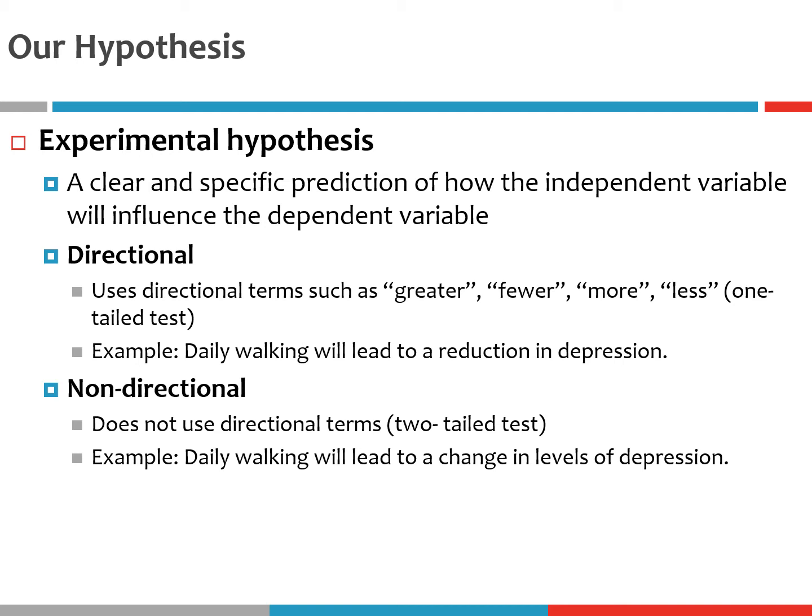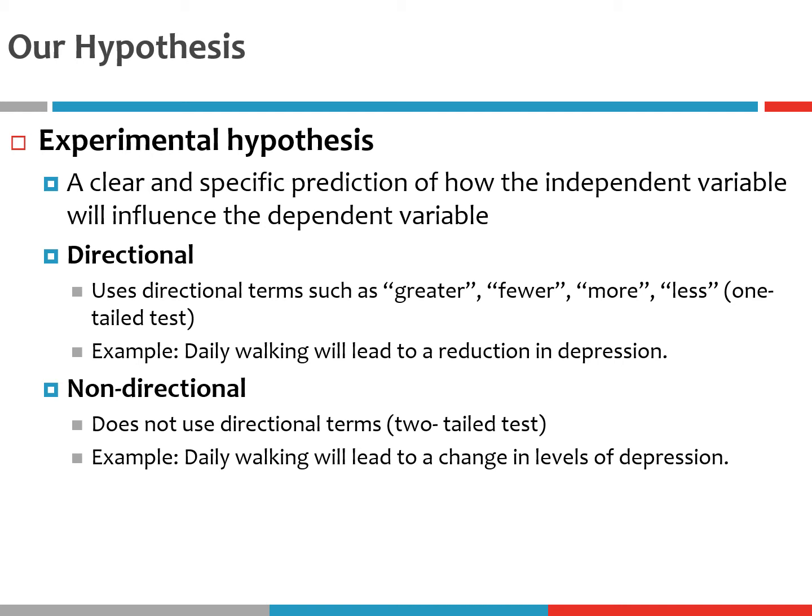You're just saying a change. A non-directional hypothesis is useful when you're not 100% certain what's going to happen, right? So you have an idea that what you're doing is going to work in some way, but you're not 100% certain of how it's going to work. So then use a non-directional hypothesis to be on the safe side.